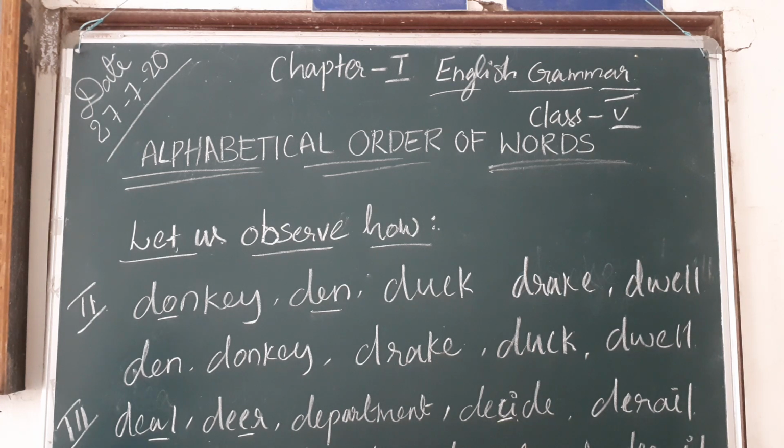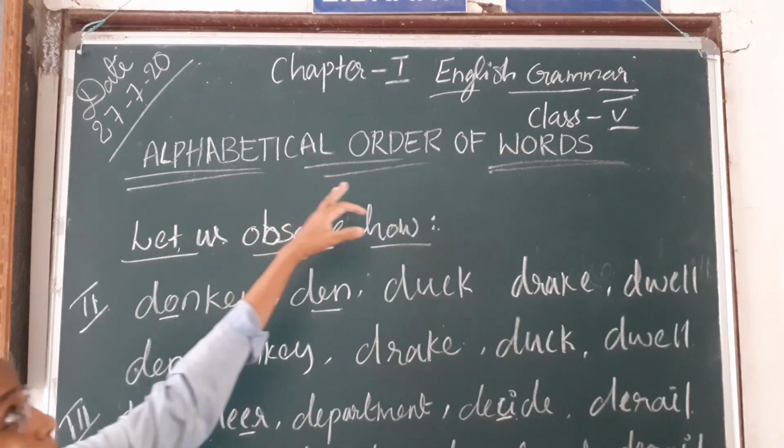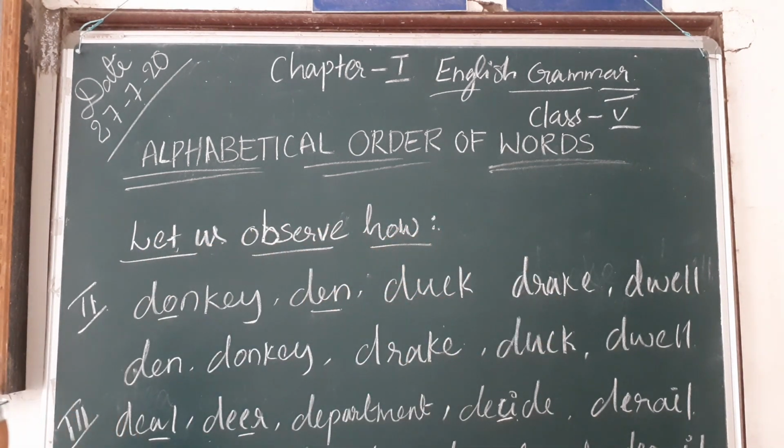You can see it is the same in the dictionary, arranged in alphabetical order. This is the lesson, alphabetical order of words.